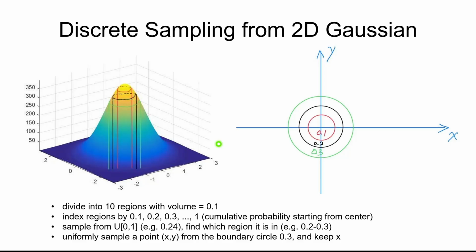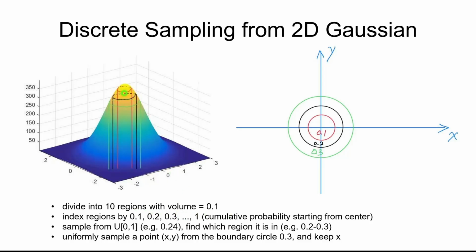So the first step is to divide the region under this surface into a bunch of equal volume regions. For example, if we want to divide it into 10 regions, each with a volume of 0.1, we can do the following.